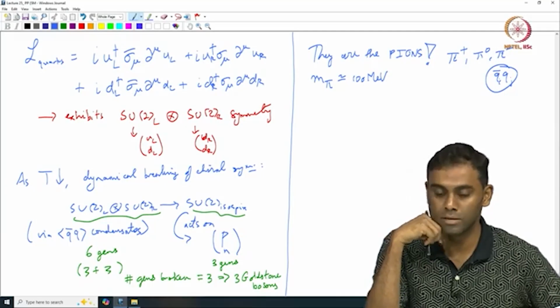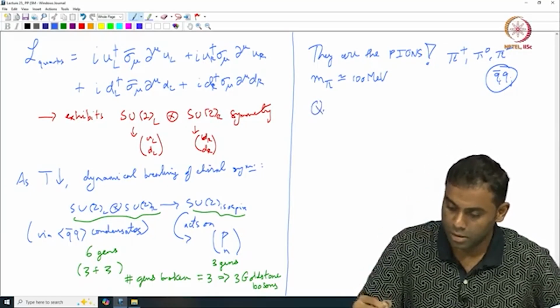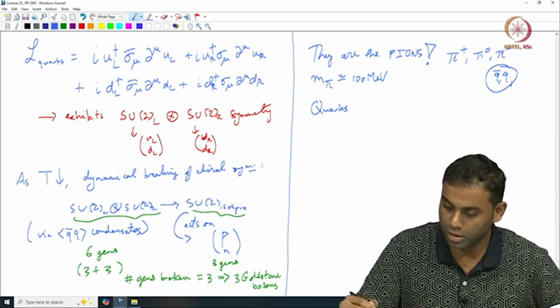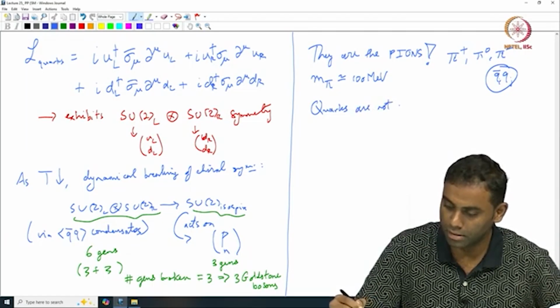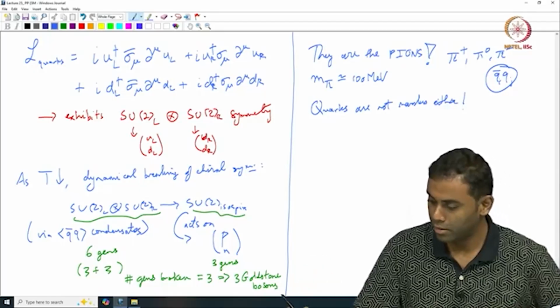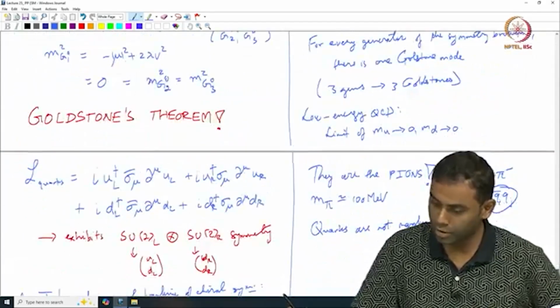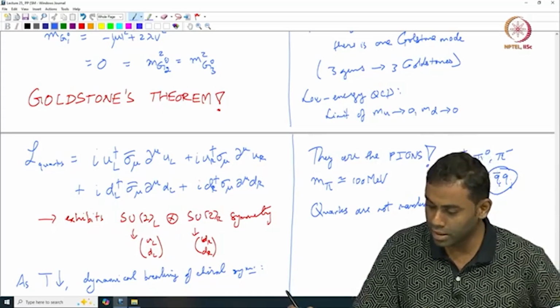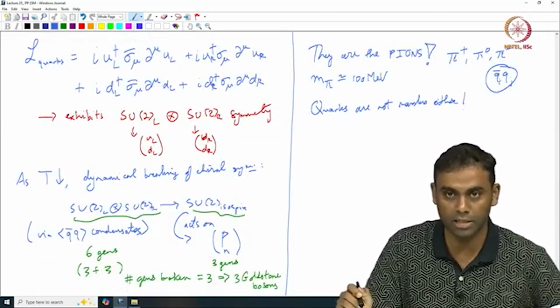The reason is that the quarks are not massless either. Remember, when I said low energy QCD in the limit of m_u and m_d going to 0, that is the limit where chiral symmetry is exact.